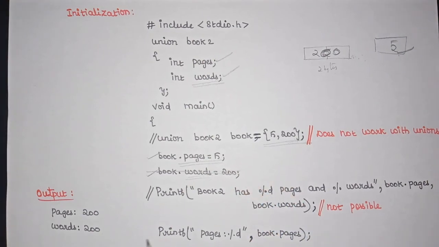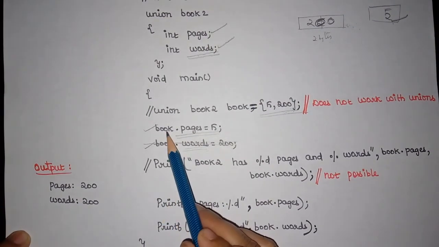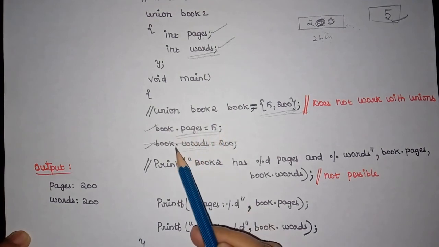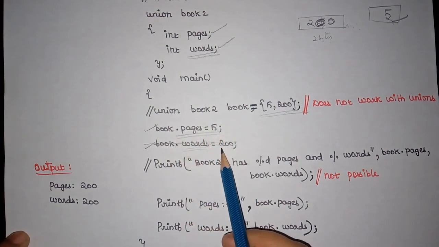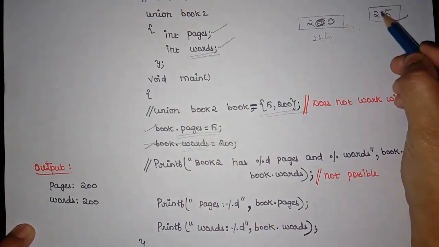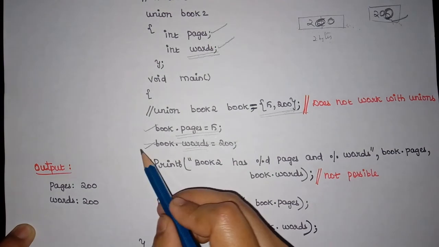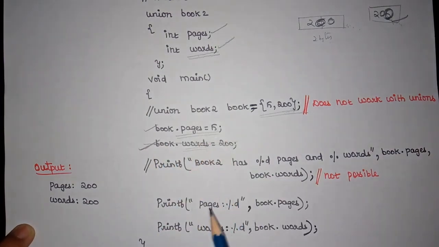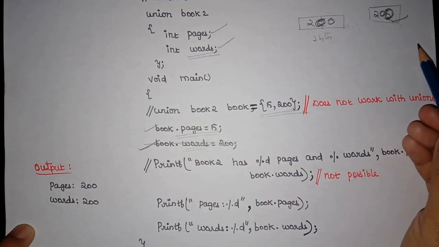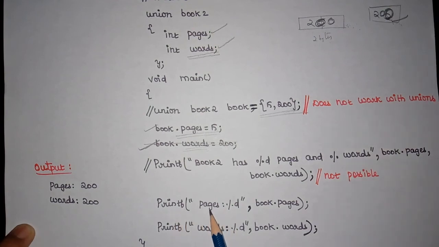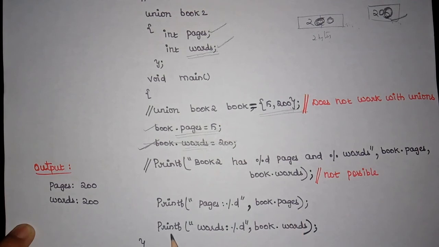Coming to the next line, after book.pages is equal to 5, we have the statement book.words is equal to 200. Now the memory is updated with the value 200. If I try to print the values of pages and words, what will the values be? In the first printf statement I print book.pages, and in the second printf statement I print book.words.